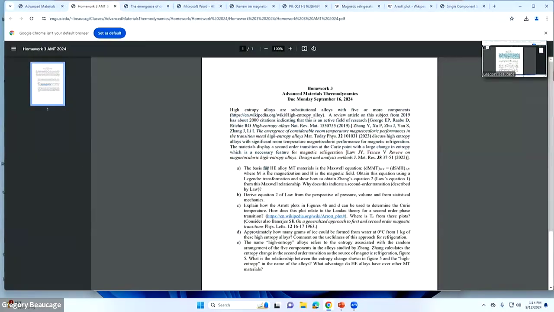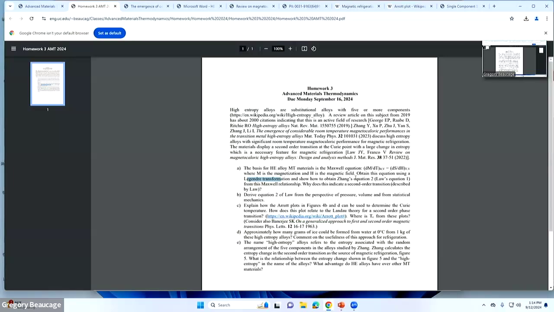So the Maxwell question asks you to do the Maxwell thing I just did. Obtain the equation using Legendre transformation, which is in the notes. Then you have to do the 3 steps I mentioned. The first is the inverse rule, the insertion rule. The second is the expansion rule, the inverse rule.